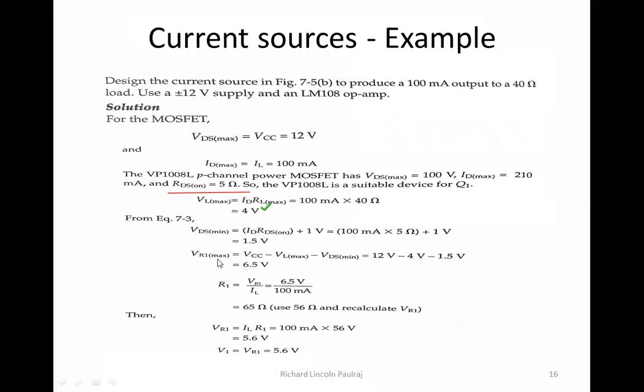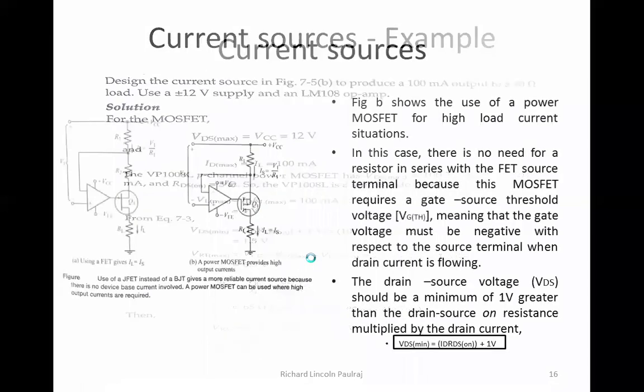So next, we will look at what is going to be the highest voltage across R1. So VR1, R1 is the resistor which was at the top. So VCC minus how much of load voltage minus VDS minimum. So VDS minimum is between the MOSFET. So let us go back there. VCC, VL, and VDS.